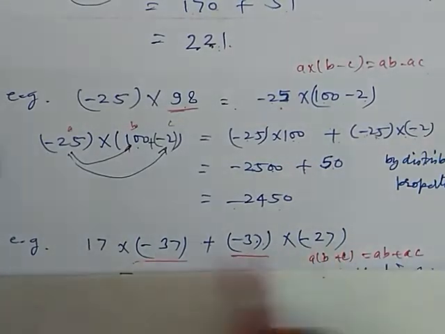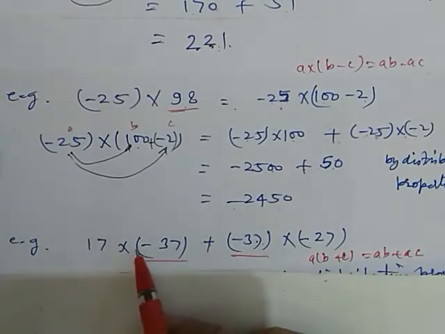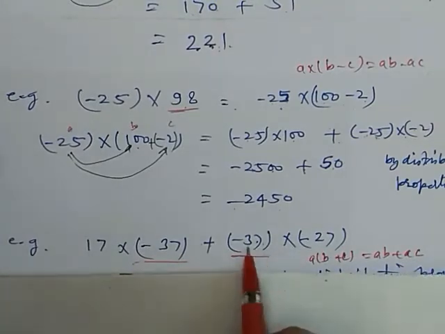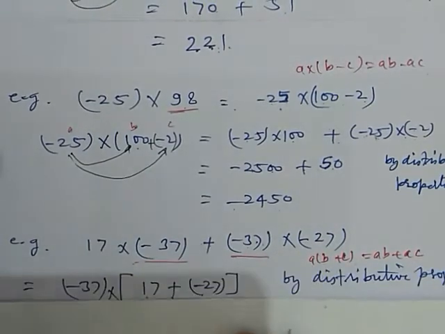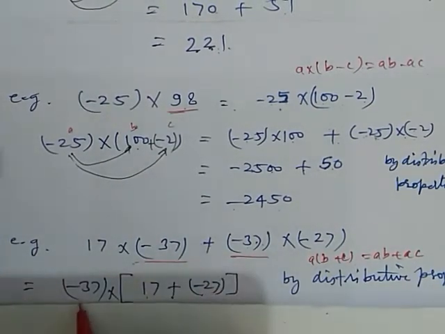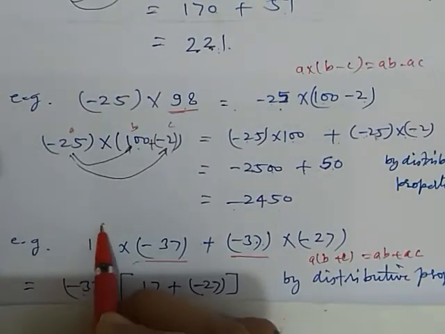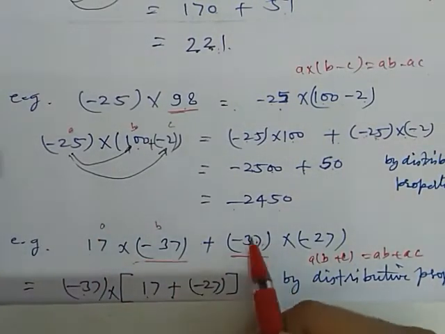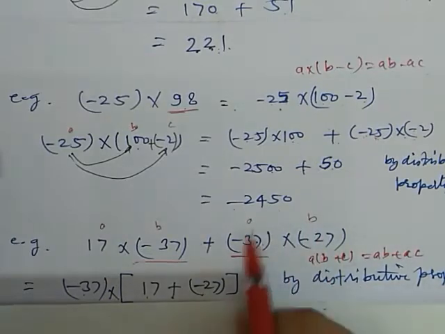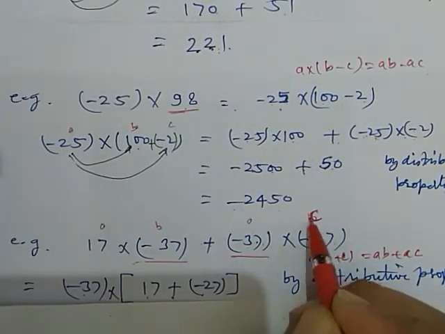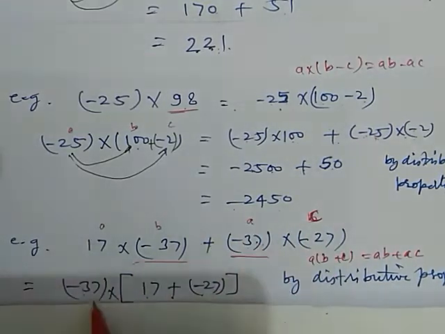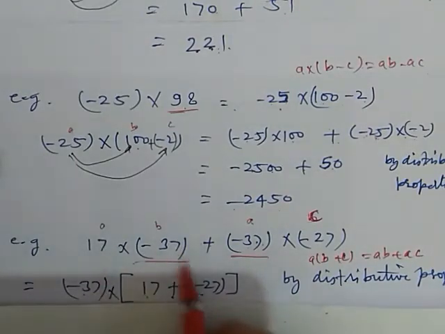So here we convert them by using the converse. First we take this common. Minus 37 is common here. So look, this is A, this is B, this is A, this is C. So here A is common.